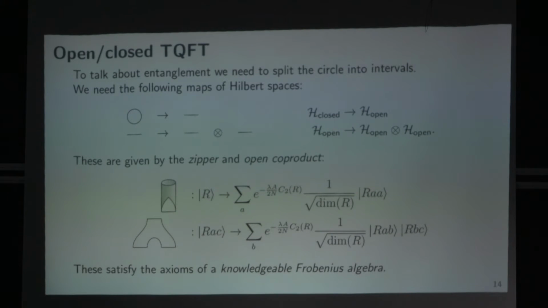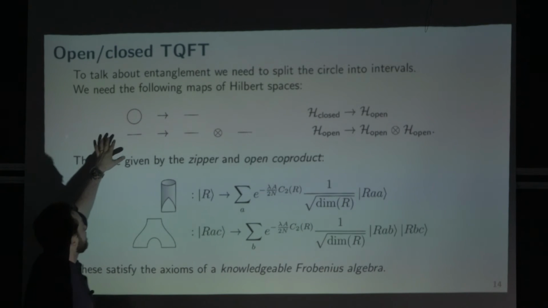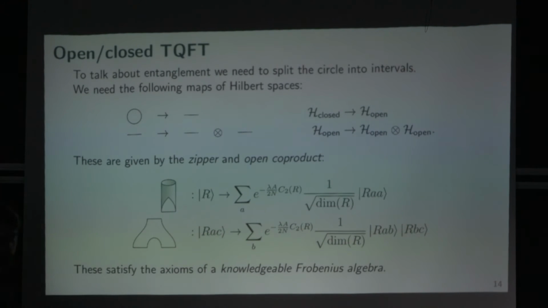Okay, but now we need more. So we have a closed TQFT and an open TQFT that we could define. But what we'd like to be able to do is take our circle, cut it at some point and unwrap it into an interval. So we want some map from the closed Hilbert space into the open Hilbert space. And moreover, we'd like to be able to take some interval and cut it into two intervals, which would be some map from the open Hilbert space into two copies of the open Hilbert space.